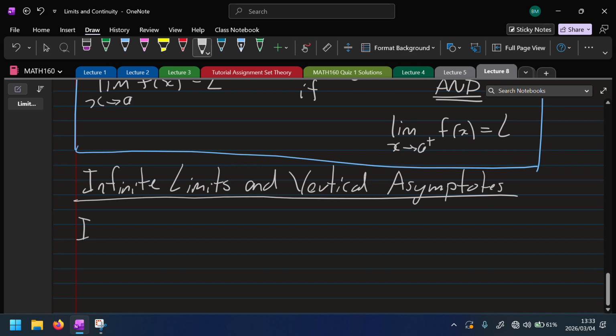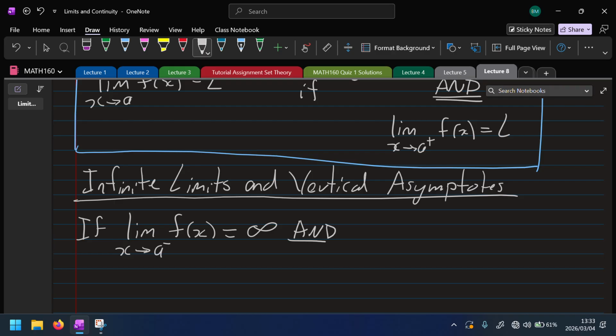If the limit as x approaches a minus, so we're coming in from the left side, of f of x is equal to infinity. We'll see what this means in a bit. So if the left limit goes to infinity and the limit as x goes to a plus, so now we're coming in from the right side, of f of x is also infinity. Again, we'll see what this means shortly.